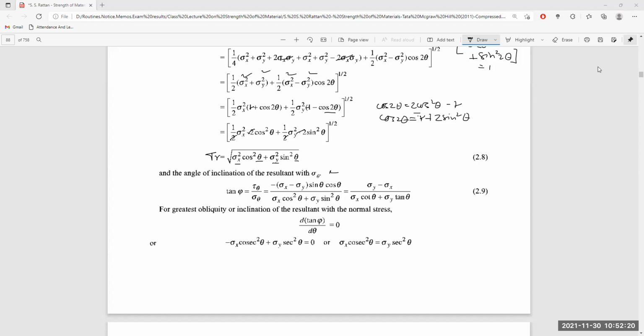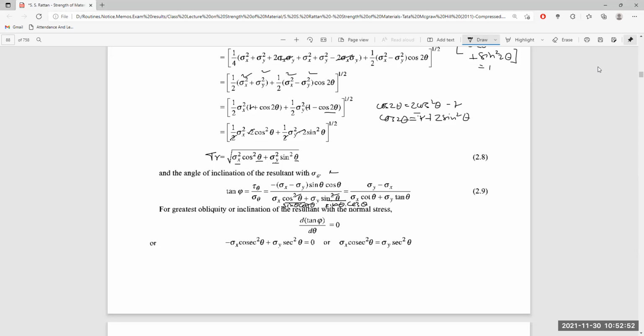If we divide this by cos square theta divided by sin theta cos theta, and sin square theta divided by sin theta cos theta, one sin will get placed here and one cos will be placed here. This becomes cos by sin, which is cot, and this is sin by cos, which is equal to tan. So it becomes sigma x cot theta plus sigma y tan theta.